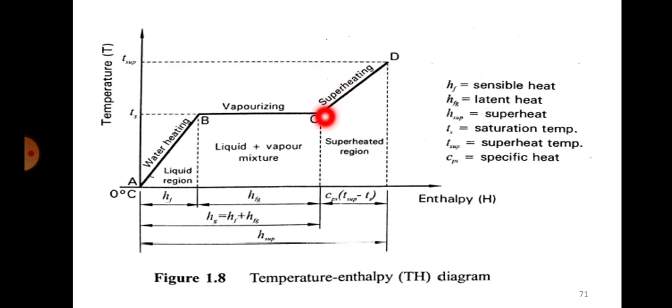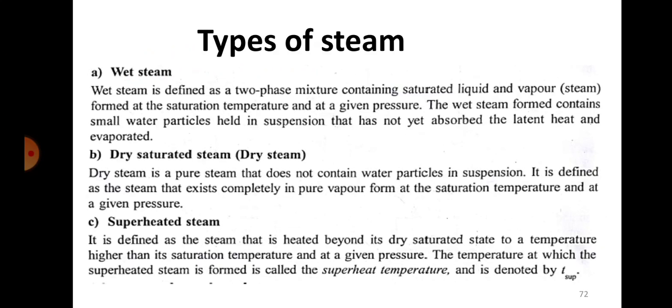So it is the steam which is heated beyond its saturation temperature. Ts is here. So when you are heating it further than that, the temperature increases, and that steam is called superheated steam, and the temperature of that particular steam is called the superheated temperature. Okay, so those are the different types of steam.